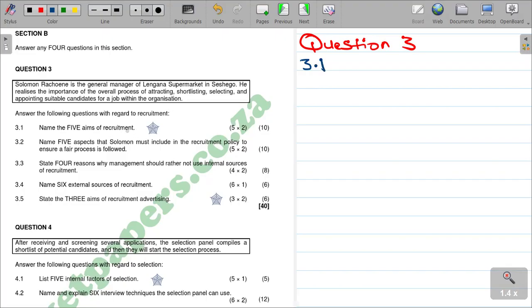Right. Name the 5 aims of recruitment. What are the aims of recruitment?